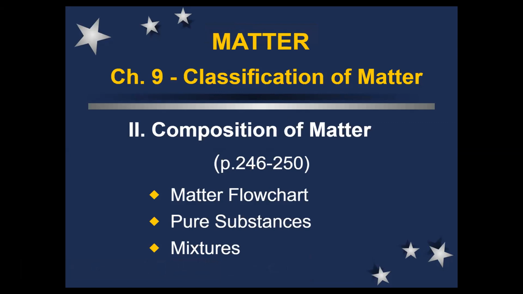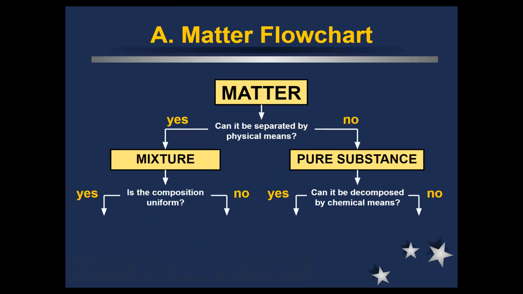Today we're going to look at a little bit broader picture and talk about how we can classify different types of matter. So how can we separate different combinations of substances into different groups? And so we're going to start off by looking at a big overview flowchart of all the different stuff we're going to talk about today, and then go through each one of those points one by one.